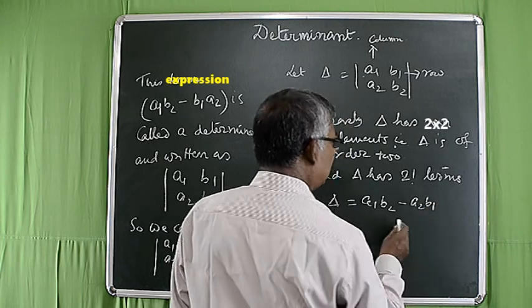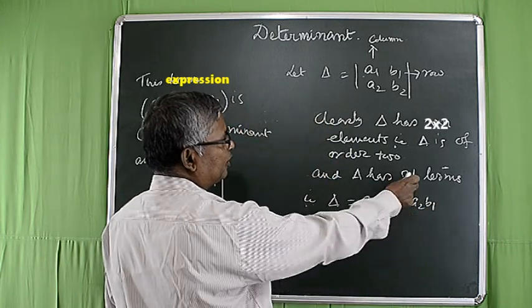Here the number of terms is 2, that is factorial 2.